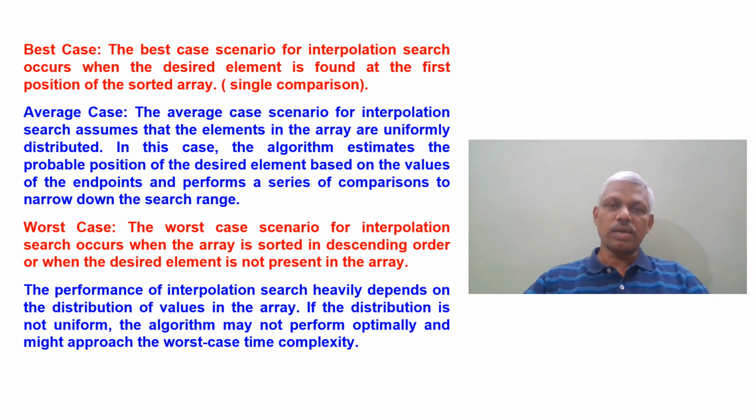If the array is in descending order and your requirement is to find a key, then obviously that becomes a worst case. More or less, the distribution of the elements dictates the way in which the algorithm behaves. If the values are unevenly distributed, then sometimes it quickly finds the element, narrowing down to the subarrays. If they are evenly distributed, then the average case may occur.